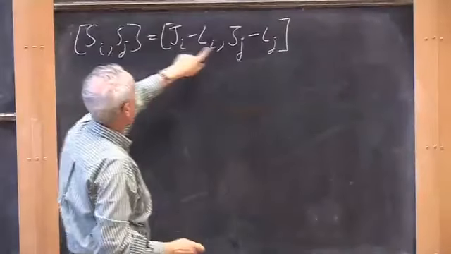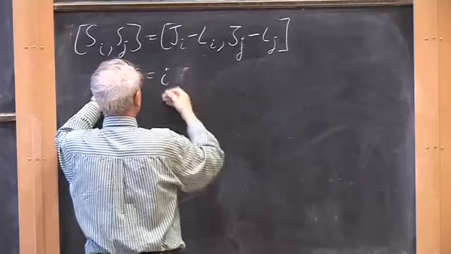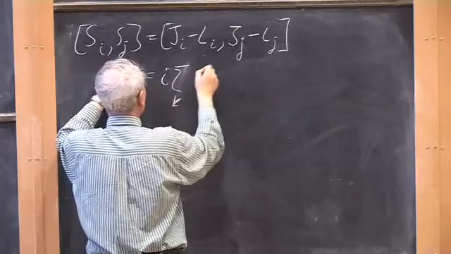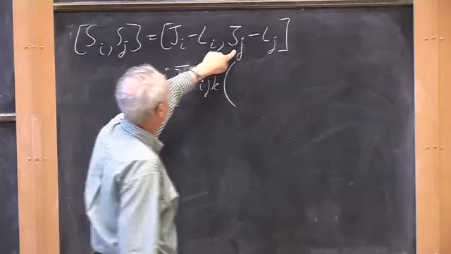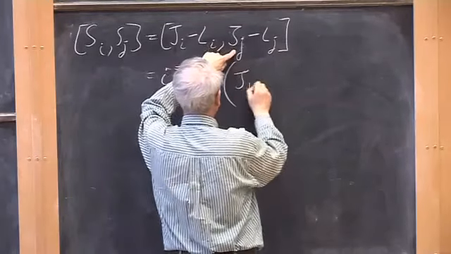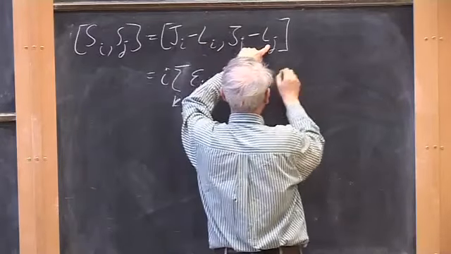We're going to get this commuting with this, so we're going to get i summed over k, epsilon ijk. This commuting with this will produce a Jk. This commuting with this will produce an Lk.